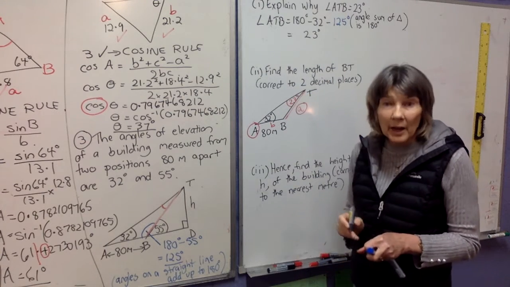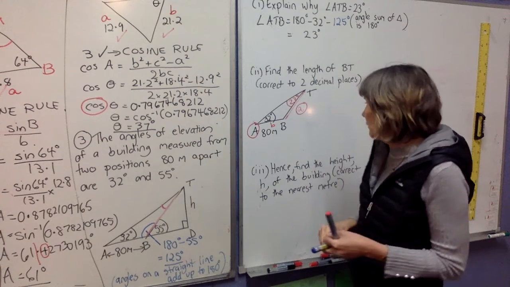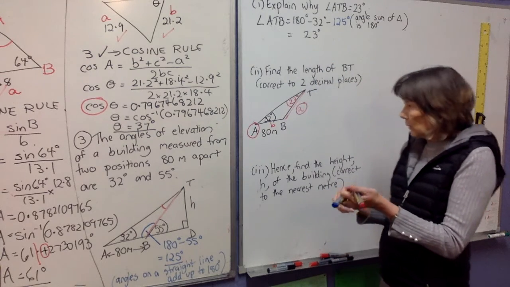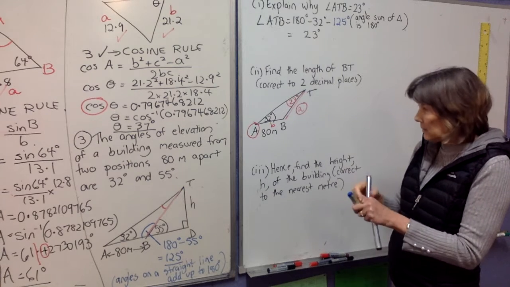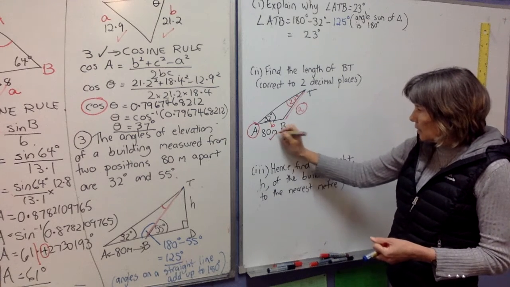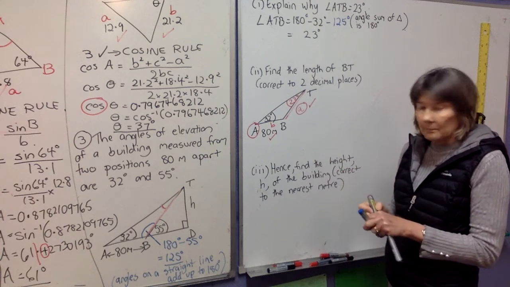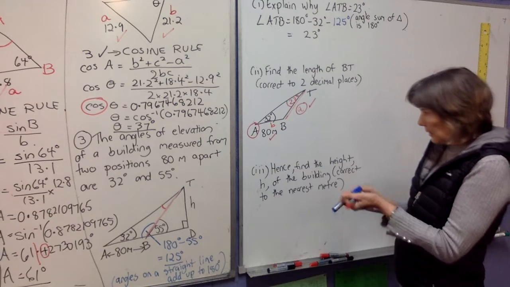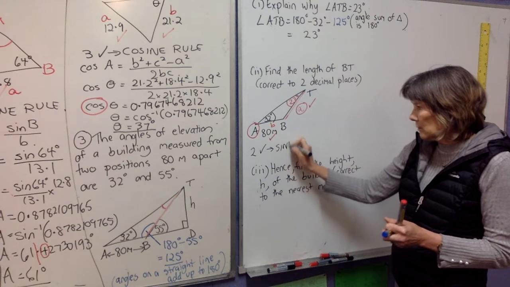Or even if you didn't know it, they told you up there what it was going to be. They told you it was going to be 23 degrees. So now we're going to do our ticks, whether it's 2 or 3, and see what happens. So we're ticking a side we've been given, and we're ticking this side because we're trying to find it. So we know that 2 ticks means it's going to be a sine rule question.